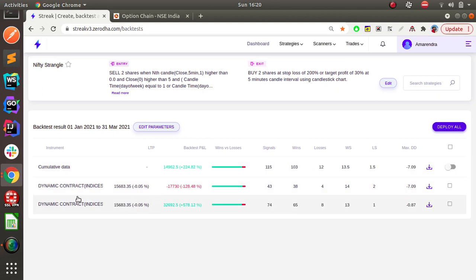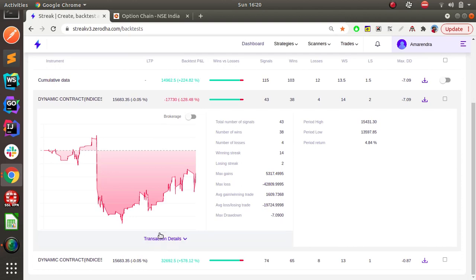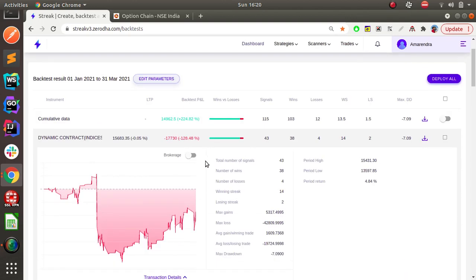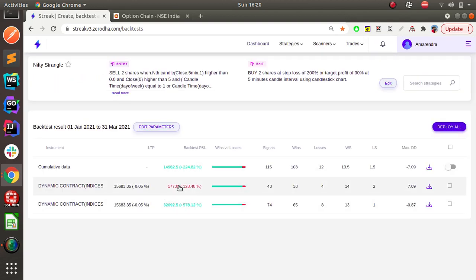So here if you see, in CE there is a loss that was booked, around 17,000, but there is a 32,000 profit that was booked in PEs. So it doesn't matter whichever direction the market moves, it keeps on booking the stop losses and targets, and the only thing is you need to be strong enough and believe the system that was there.